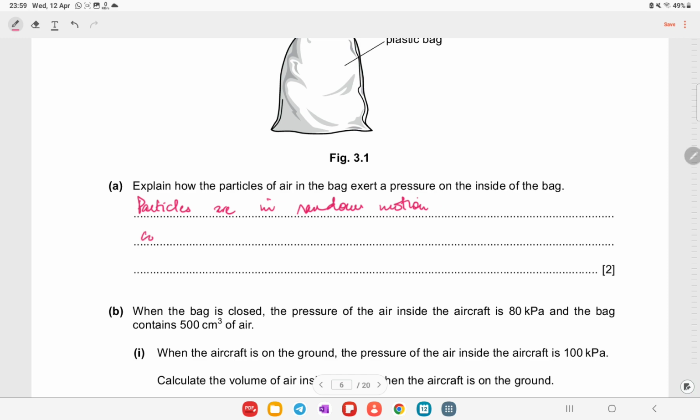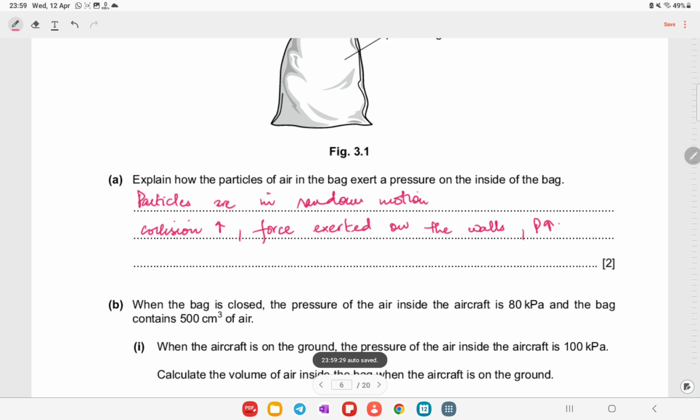Then there will be collisions, collisions will increase. Then they are going to exert force on the wall of the bag container, and then the pressure is going to increase.